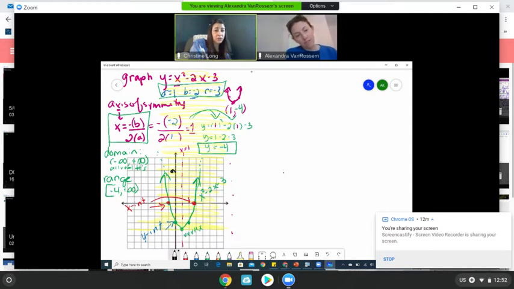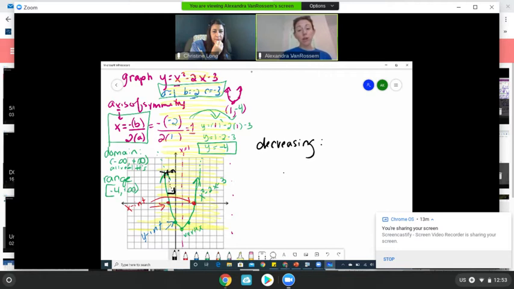So if we just take a look at this U-shaped thing and pretend we were on a roller coaster, if you started there on the left where our stick figure is, you're going down, which means this function is decreasing from where to where? Well, I remember this is always measured by the x-axis.